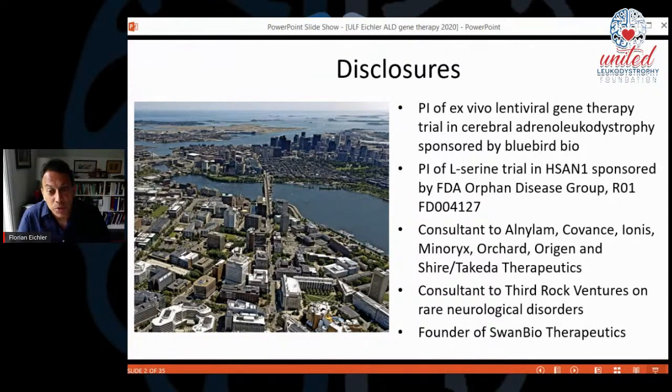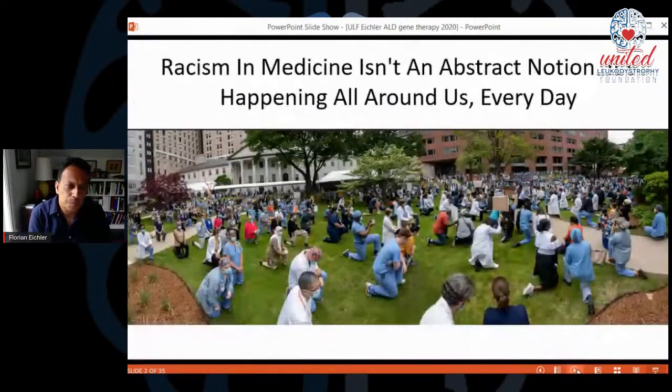These bring opportunities to move new treatments forward, but also pose challenges around transparency and disclosure. And so just to mention here that I am PI of the ex vivo lentiviral gene therapy trial for cerebral ALD, sponsored by Bluebird Bio, and I'm also founder of Swan Biotherapeutics. Next slide.